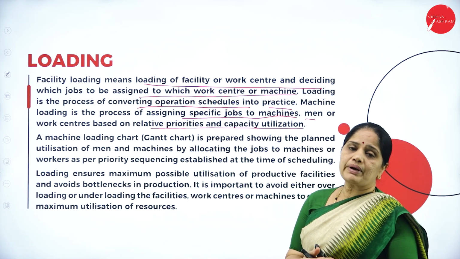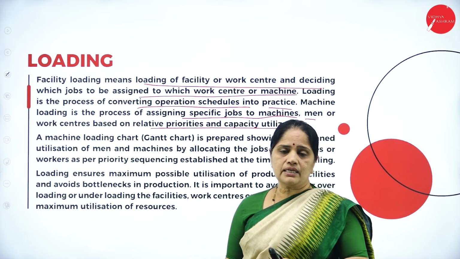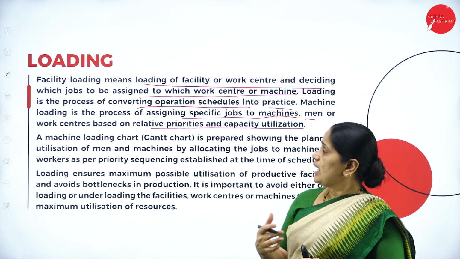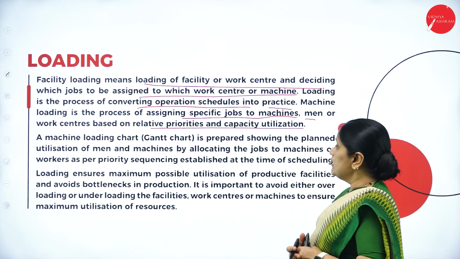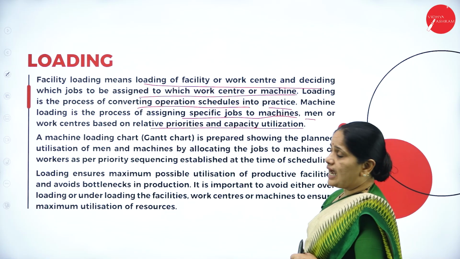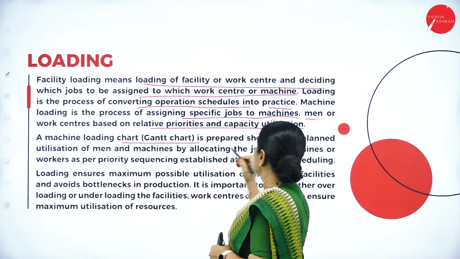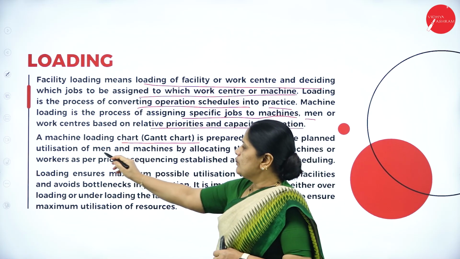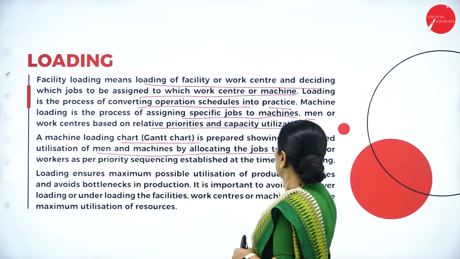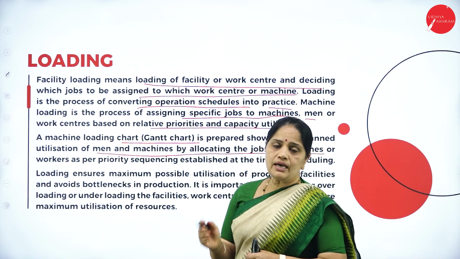So based on the priority, we just allocate the machines, we allocate the men, and we also allocate the machines to the various activities. So a machine loading chart, that is the Gantt chart, is prepared showing the planned utilization of men and machinery by allocating the jobs to the machines.